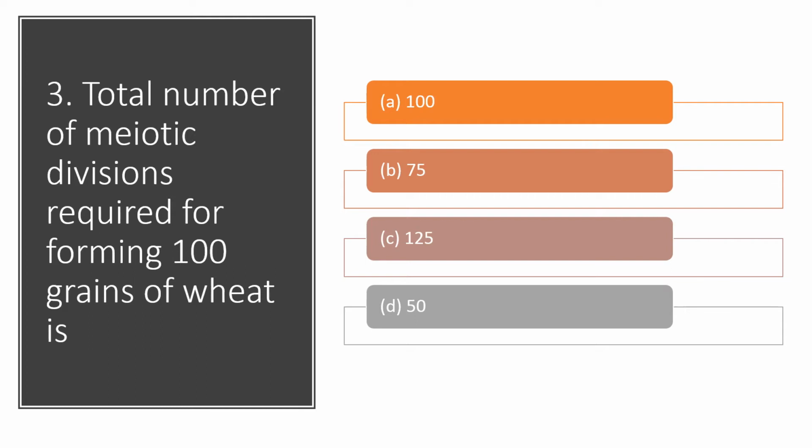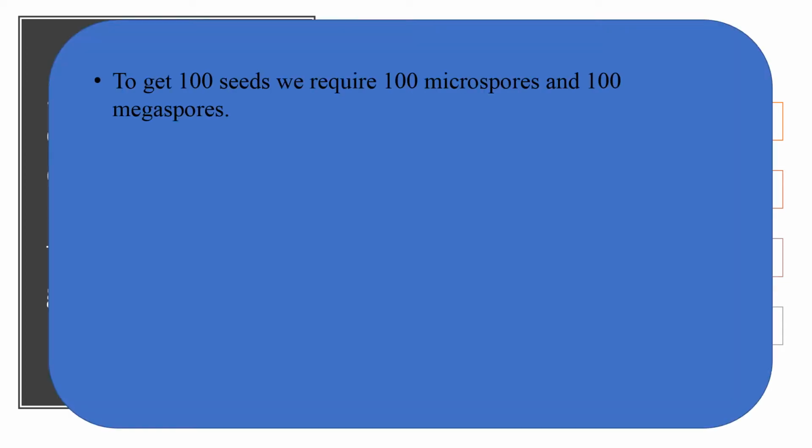We know that seed is a result of syngamy, that is a fusion of one male gamete and one female gamete. So to produce 100 seeds, 100 male gametes and 100 female gametes are required.